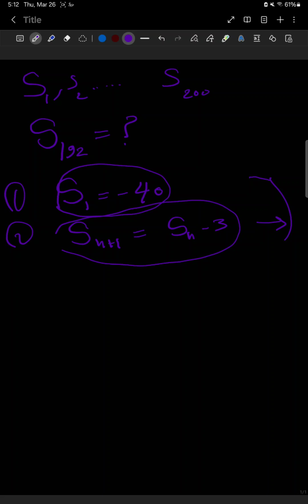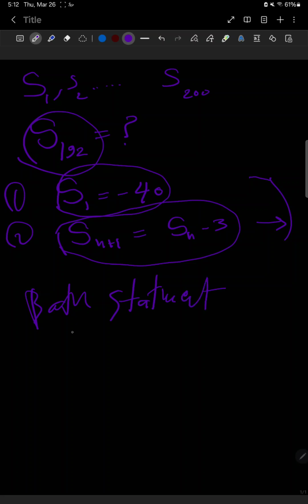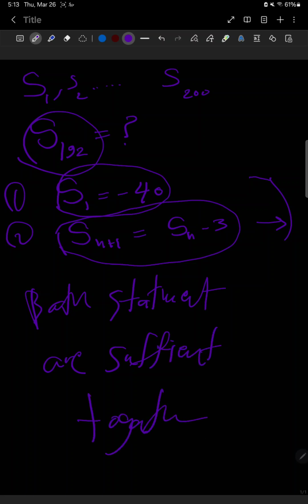It will take a lot of time, but it would be possible to calculate term 192. So both statements are sufficient together.